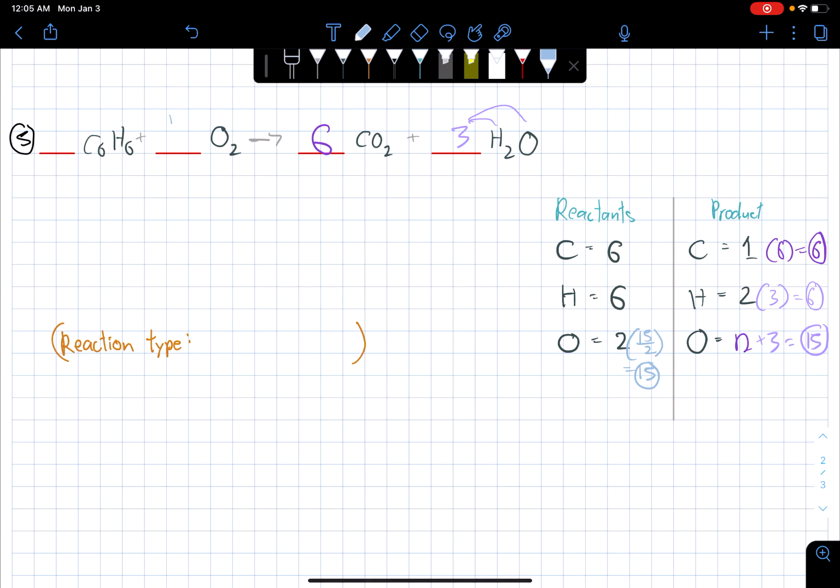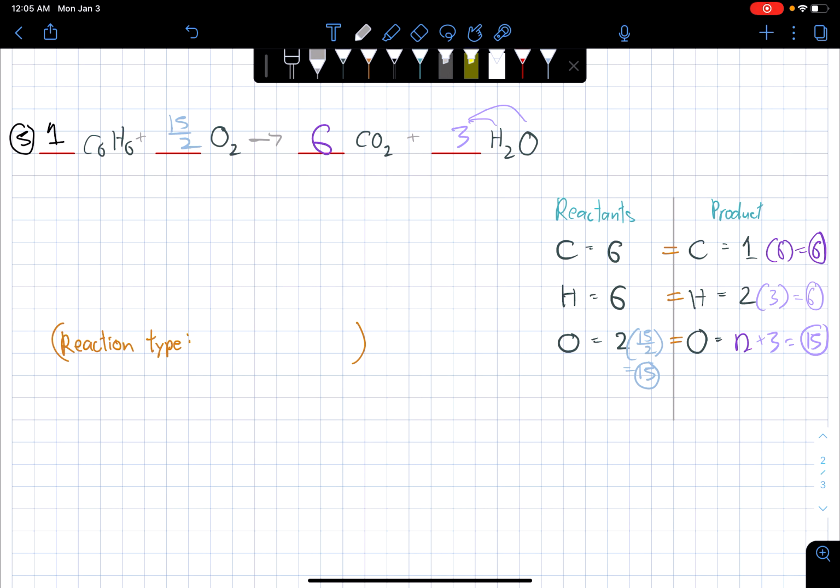So that's how you do it. 15 over 2 here, and I suppose that the equations are balanced already. I mean, the variables in the reactant and product side. So we leave this part with just a coefficient of 1.